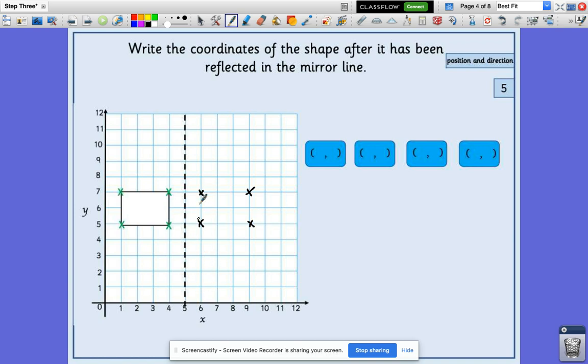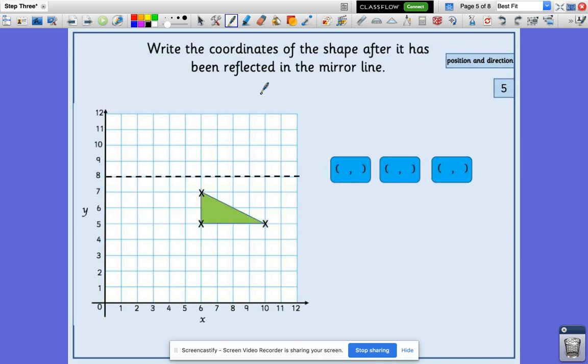I'm going for this one, which is 6, 7. Then this one, which is 9, 7. Then this one, which is 6, 5. And the final one, which is 9, 5.